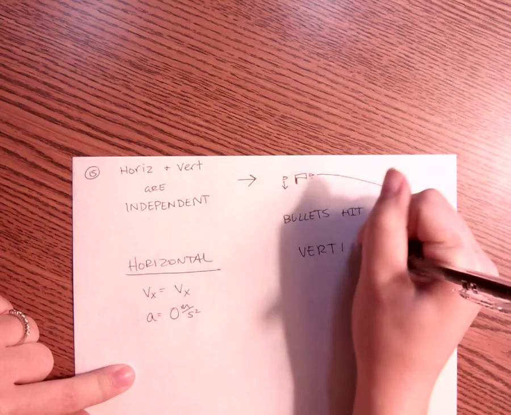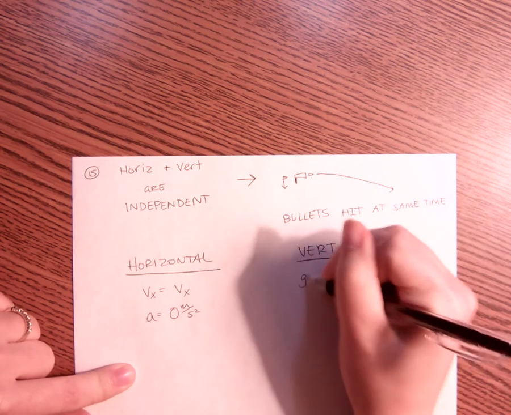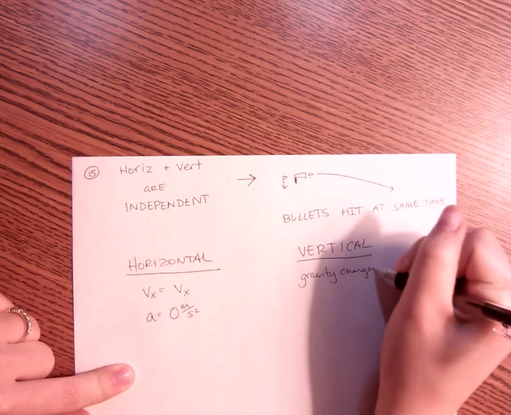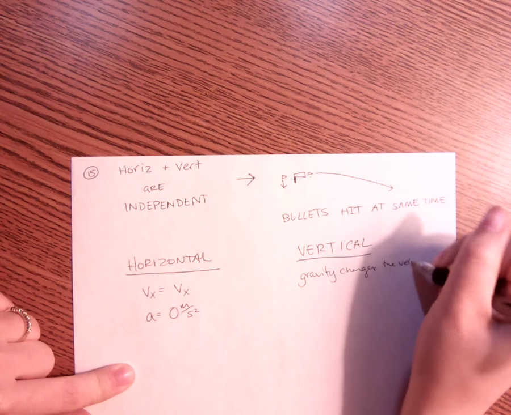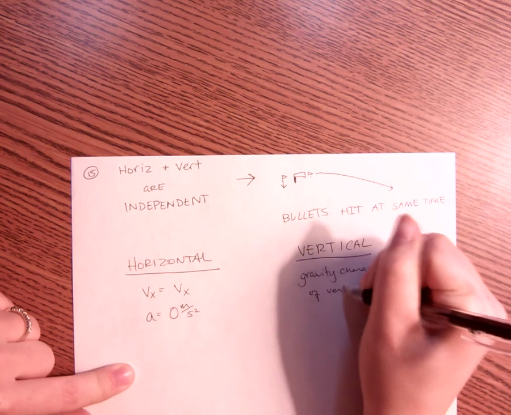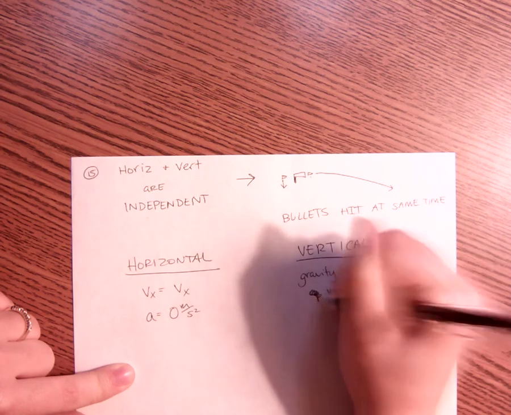That's not the case for vertical. Why? Because gravity changes the velocity of vertical. I should say it changes the vertical velocity. Let's put that there.